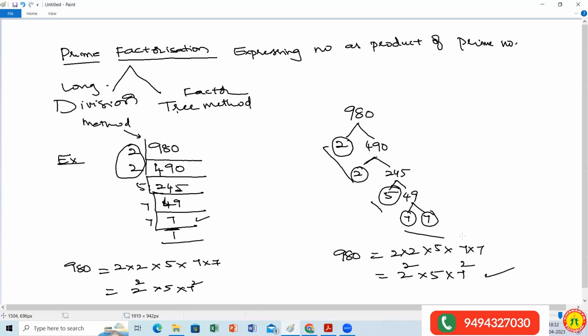If you do either the long division method or the tree method, the answer is the same. Hope you understood the prime factorization, children. Any doubt?